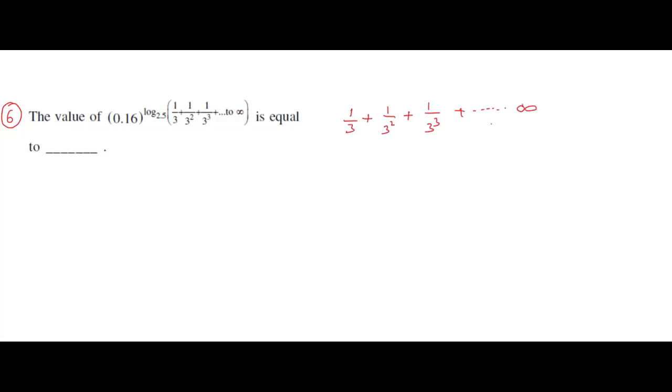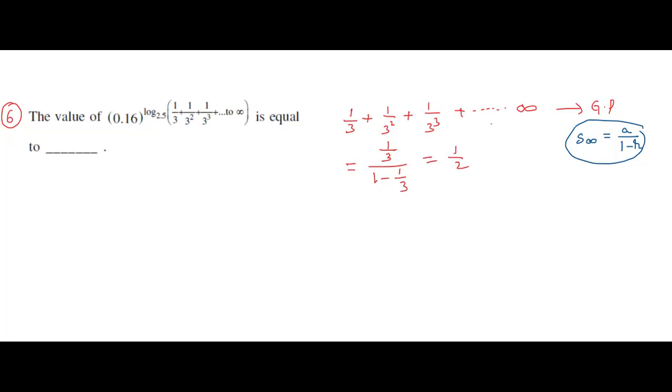This is a GP series. Yes or no? Sum of infinite GP series formula, what is that? a by 1 minus r. This is the formula. Now calculate this. a means first term 1 by 3. r means common ratio, that is also 1 by 3. 1 by 3 divided by 2 by 3, that is 1 by 2.